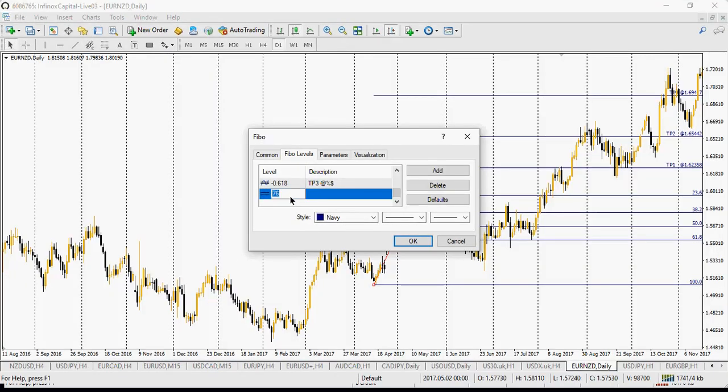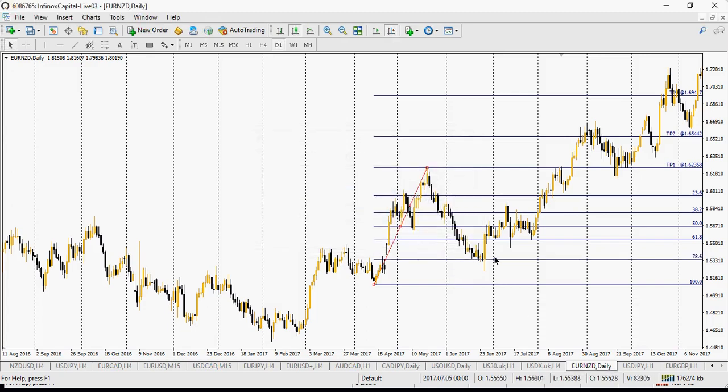0.786, which is the 78.6 level. That's my extra level that I always add. Okay, I can see market touched there. So anytime you see my Fibonacci, this is what you will always see.